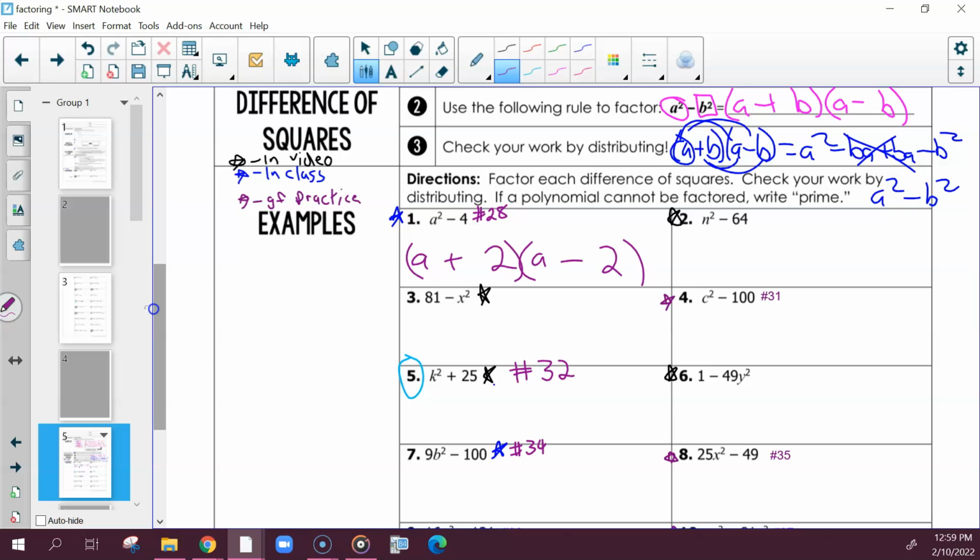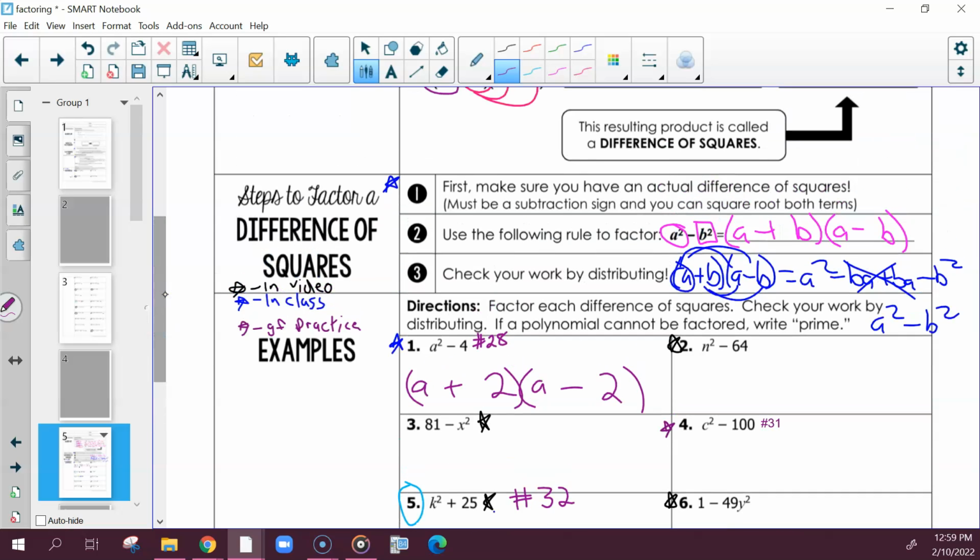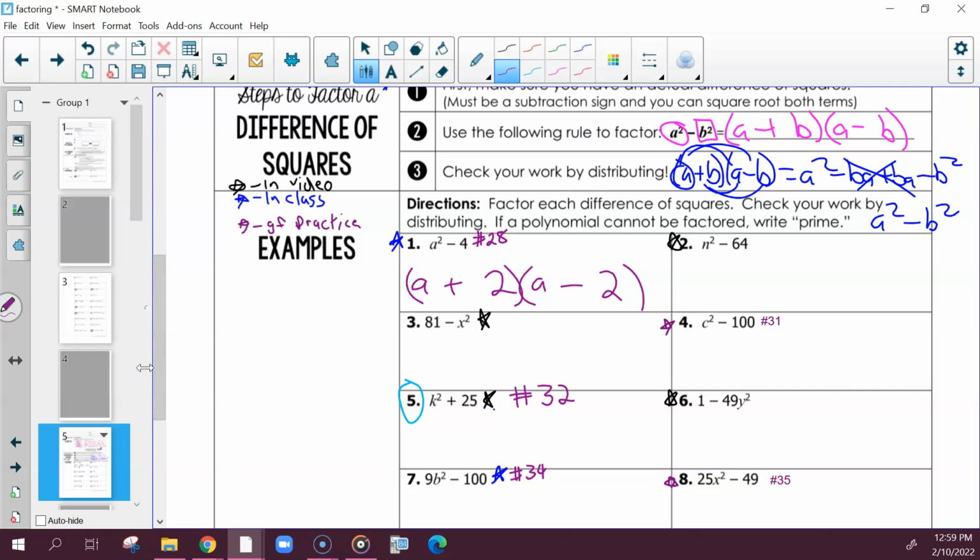Why do you do plus and minus? Because if they were to distribute back out, they need to cancel, so that we get our difference of squares. Wait, but wouldn't that cancel out just the 2's? How would that cancel it out? It would cancel out the 2 A's. Like if I were to distribute this back out, we have A times all of this.